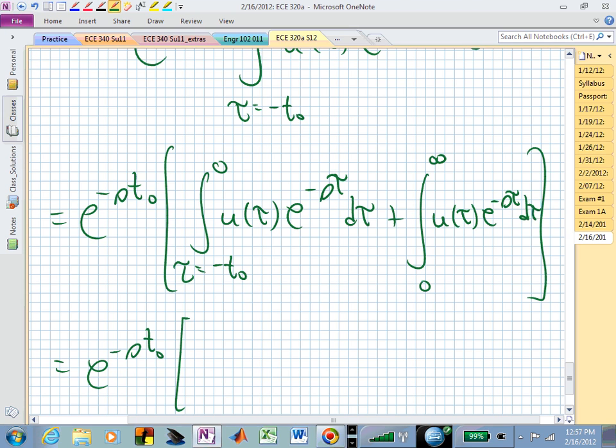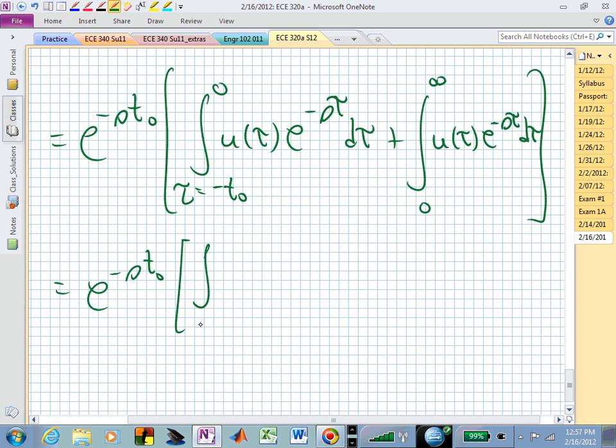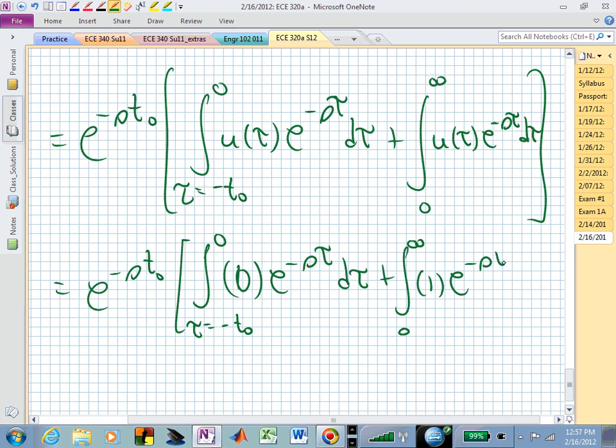Meaning we can now say that this is the same as integrating from tau equal minus t naught to 0 of 0 times e to the minus s tau d tau, plus this integral from 0 to infinity of 1 times e to the minus s tau d tau.